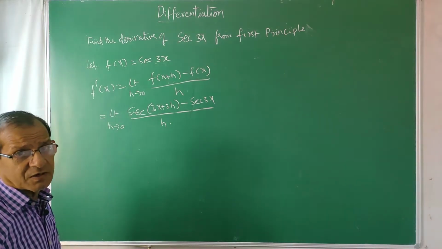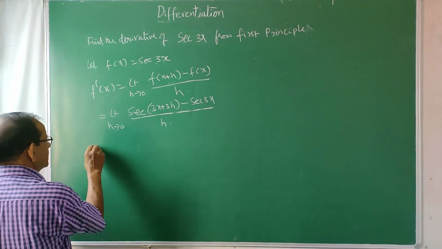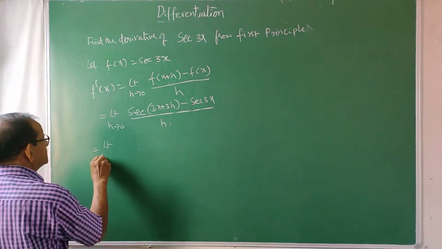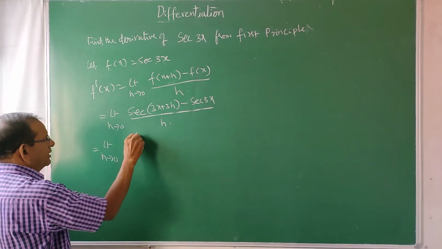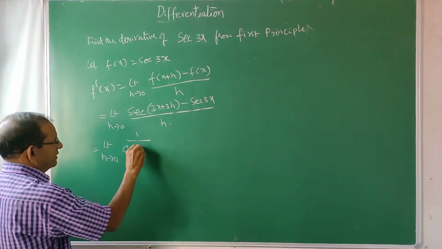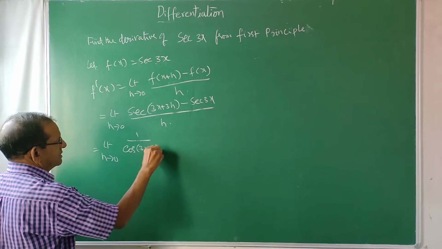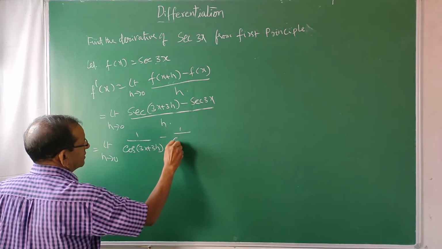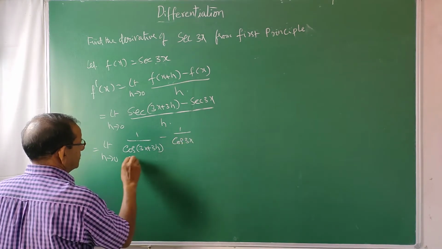Sec x is 1 by cos x. So you can write this as limit h tends to 0, 1 by cos(3x plus 3h) minus 1 by cos 3x, by h.